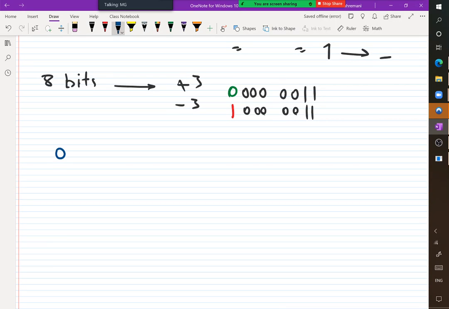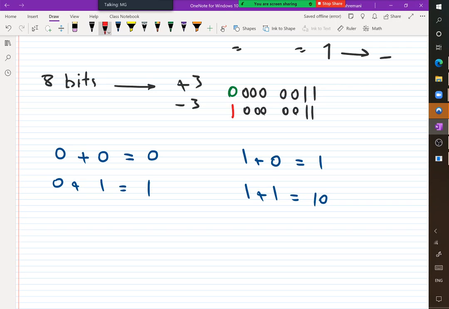We know that in base 2, 0 plus 0 is equal to 0. 0 plus 1 is equal to 1. 1 plus 0 is equal to 1. And 1 plus 1 is equal to 10, or if we want to talk in base 10, it's equal to 2. Okay, it's the way we represent the numbers.